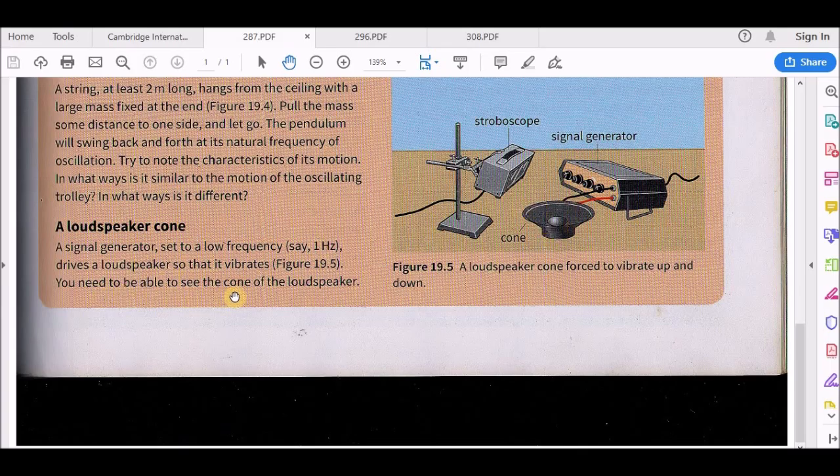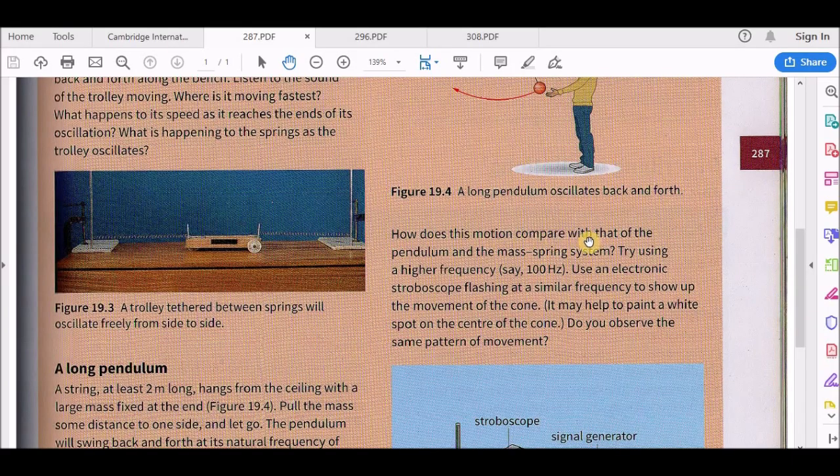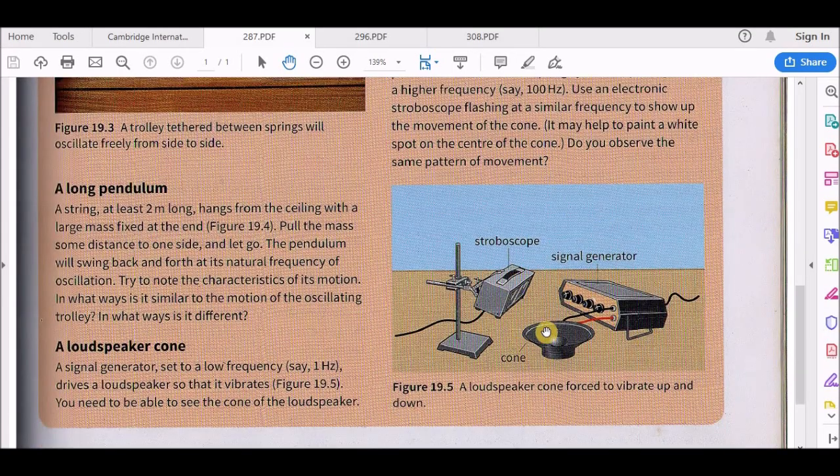Okay, you need to be able to see the cone of the loudspeaker. How does this motion compare with that of the pendulum and the spring mass system? Over here also the cone will move up and down. You would have seen the speaker cone. Now if you look at a speaker, you can't see the cone which is inside because of that mesh-like thing in the front.